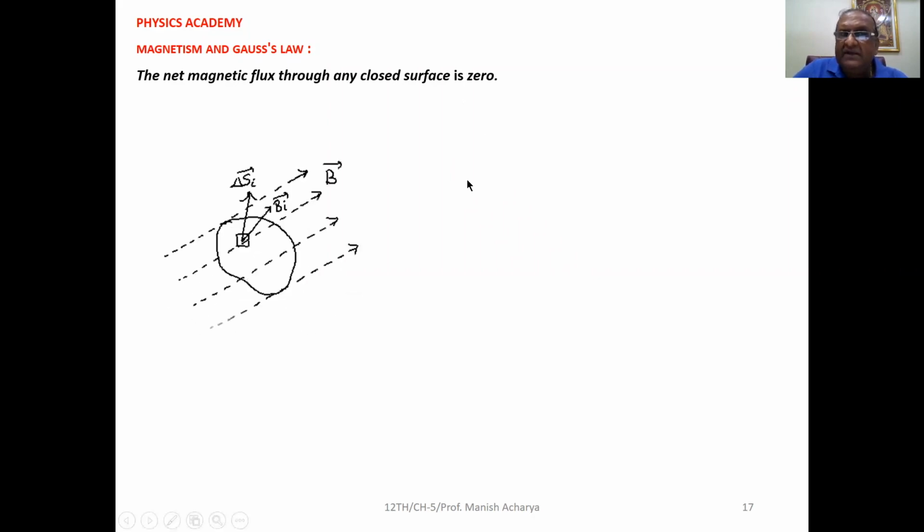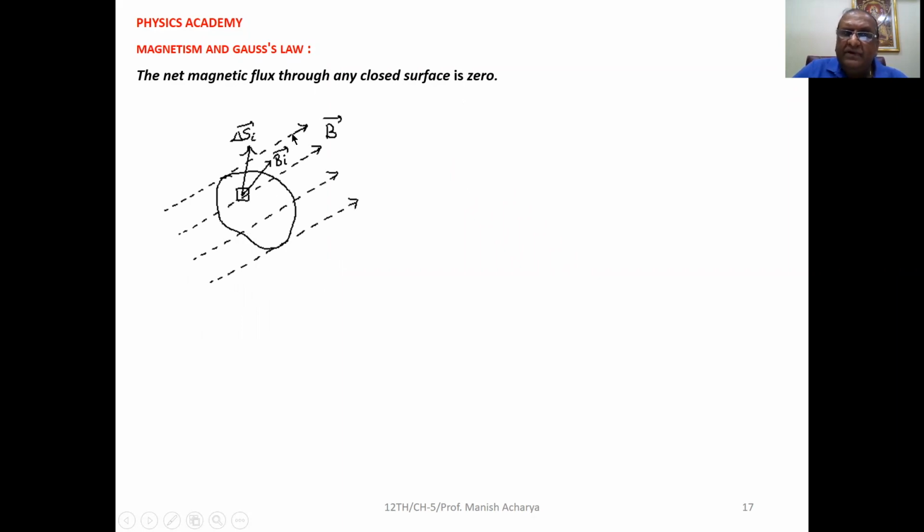Suppose we have the magnetic field as shown in the figure, and in this magnetic field, we consider a closed surface. Now we want to find the total flux passing through this closed surface.